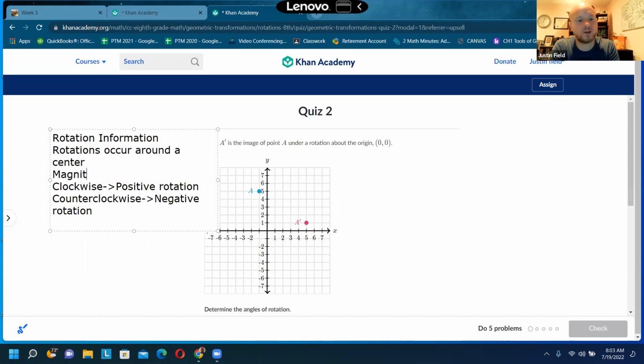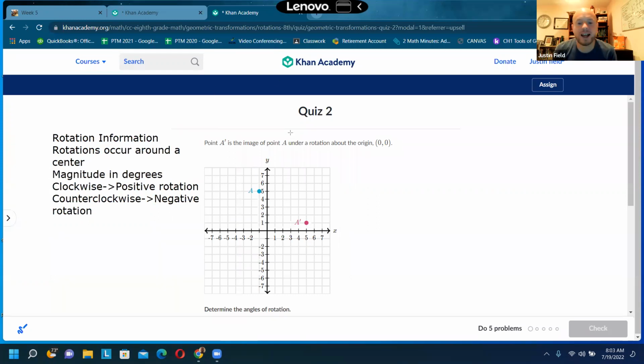Magnitude. So rotations have magnitude, in degrees, like you can rotate 45 degrees, 360 degrees. You can even rotate 720 degrees, because you're just going around in a circle. So maybe you go around more than once.